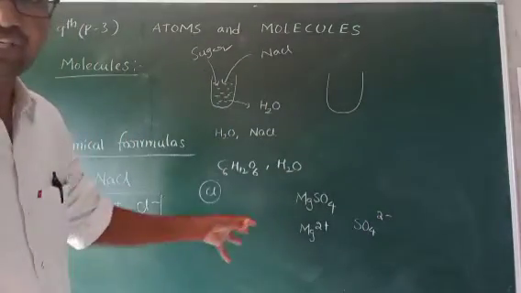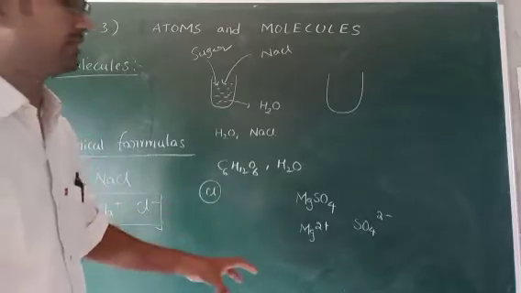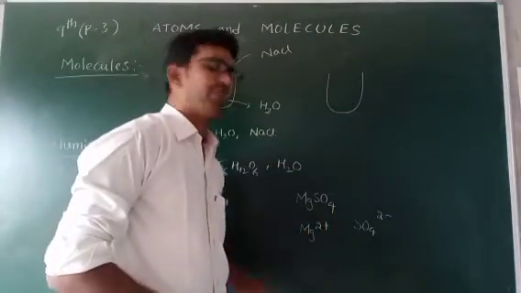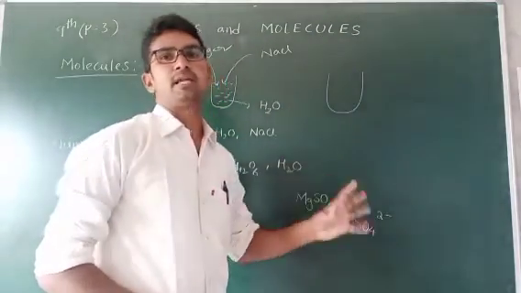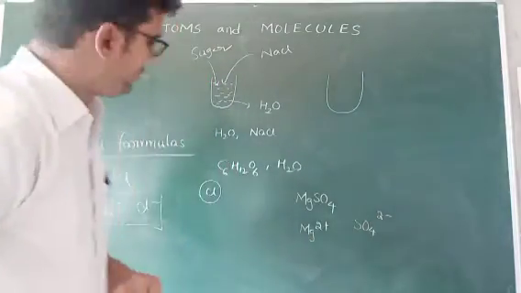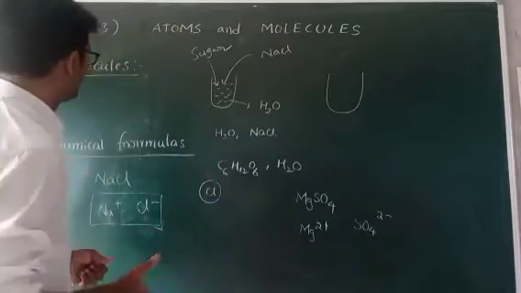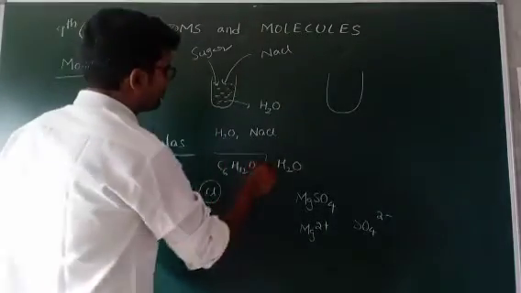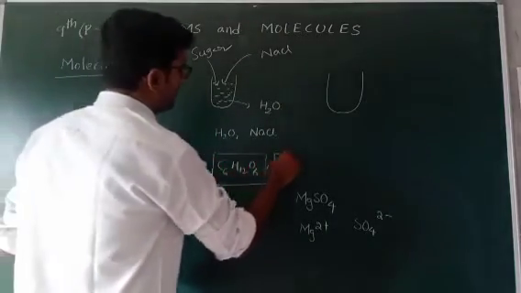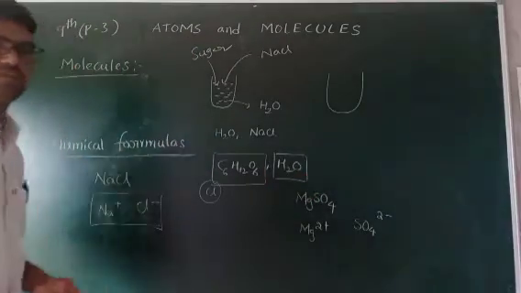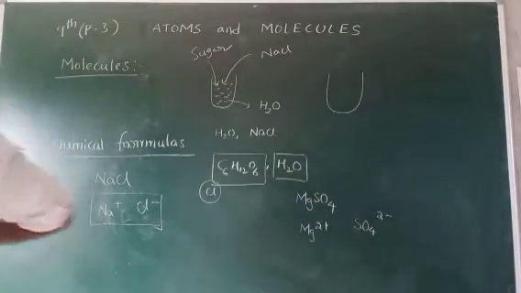After combination of these two ions, it gives magnesium sulfate. So these are two examples for the formulas of compounds. This is the glucose formula. This is the water formula. We know chemical formulas very well.